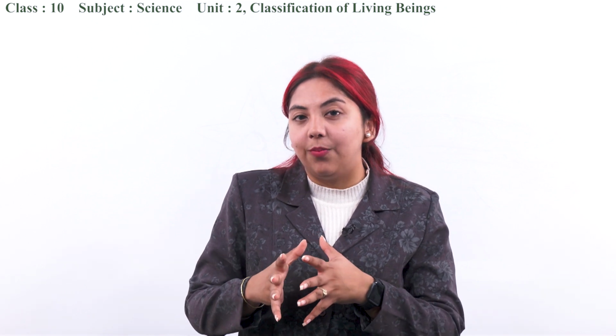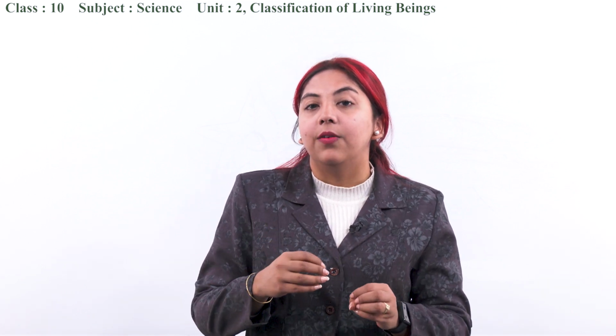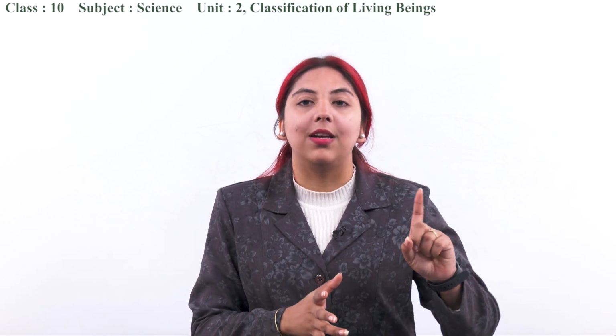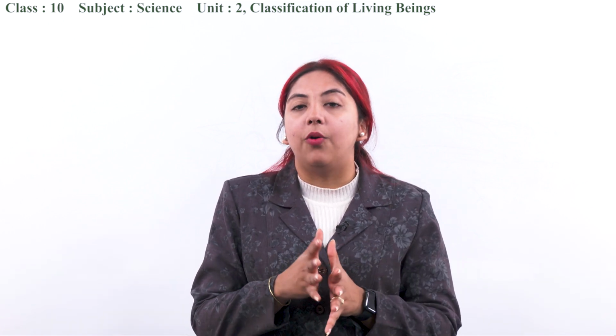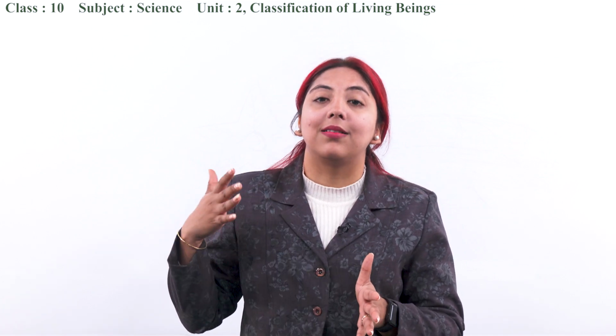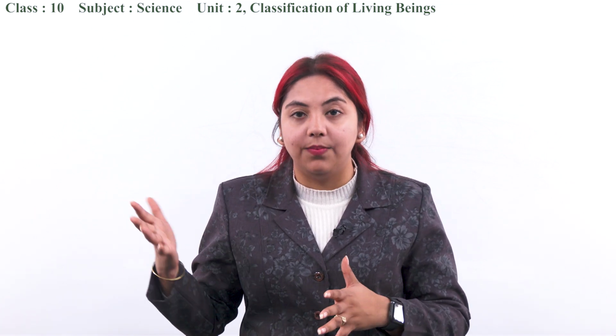And we also studied about the 5 classes of the Vertebrata, but in detail we only studied about the first class, Pisces, and we'll study about the remaining classes in the next classes to come. So I'll see you all students in the next class.